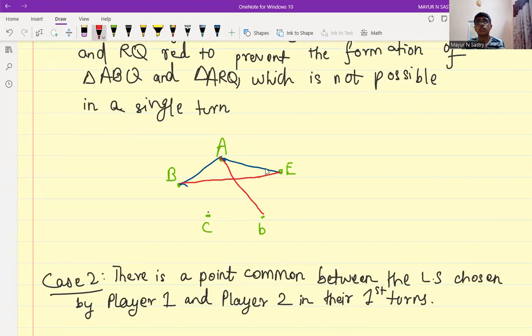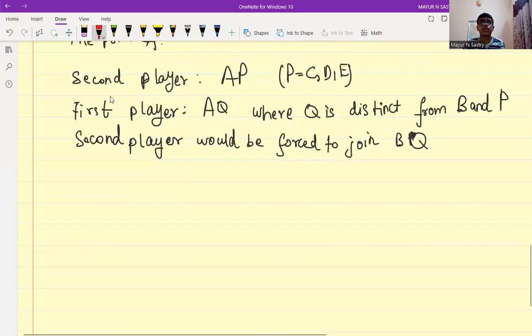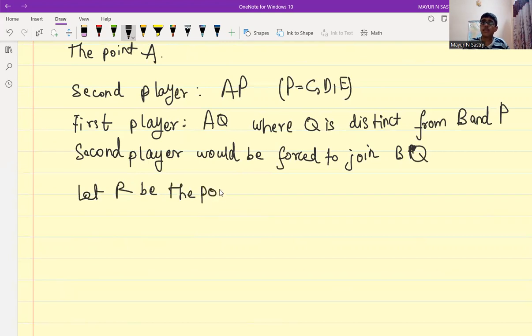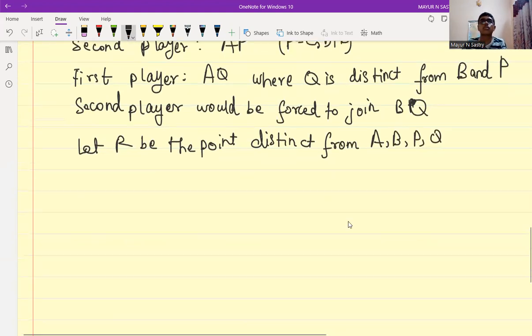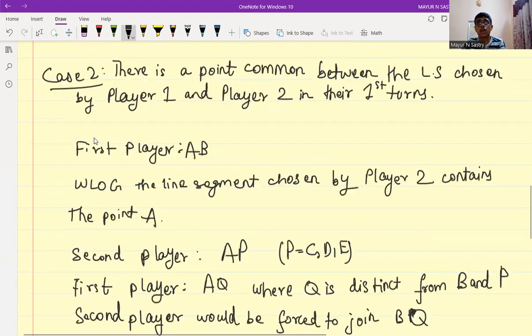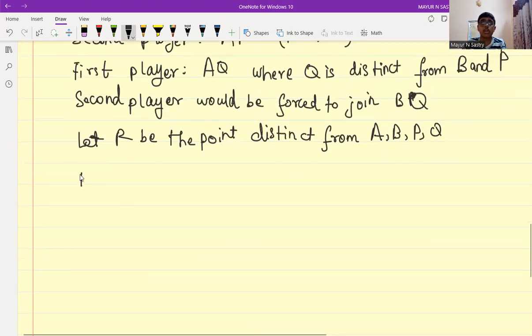The next thing we did was to join AC. So we'll give a name to C over here as well, that let R be the point distinct from A, B, P, Q. So R is the point distinct from A, B, P, Q. And the first player would join AR.